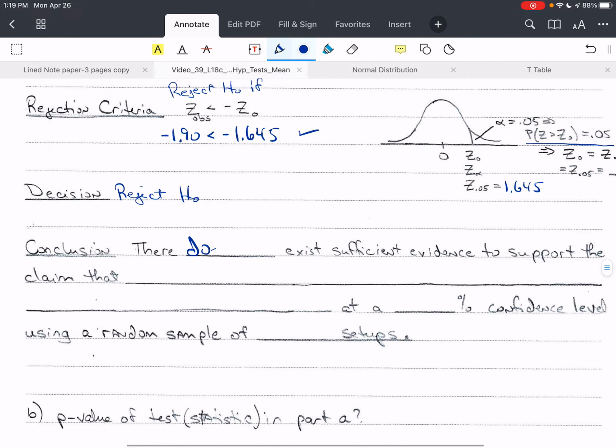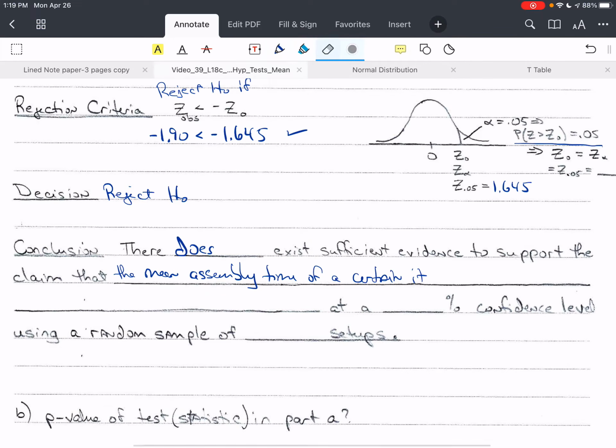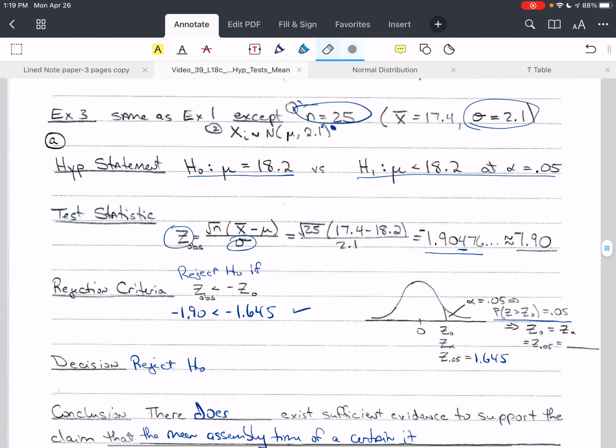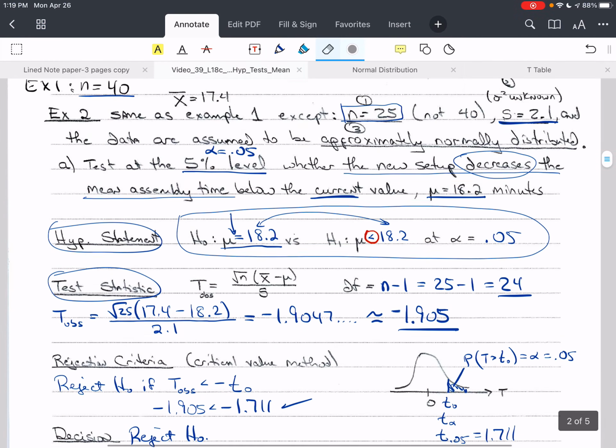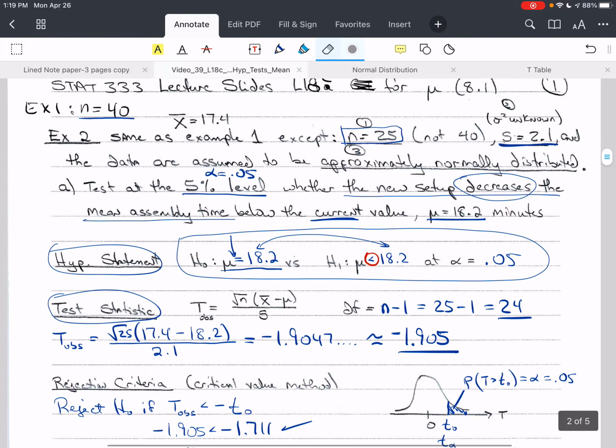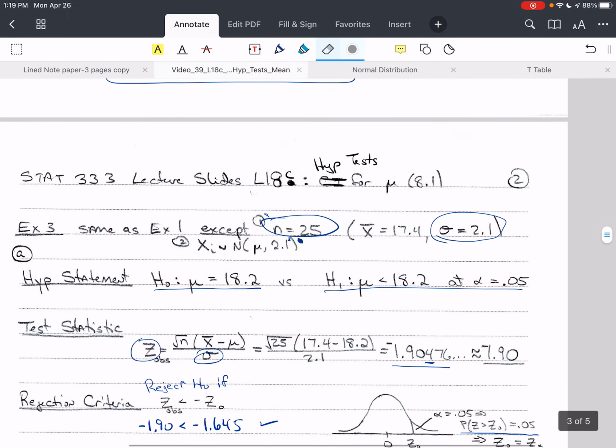Since we reject, there does exist sufficient evidence to support the claim that the mean assembly time of a certain item, I should say, the new setup, decreases the mean assembly time. Sorry.